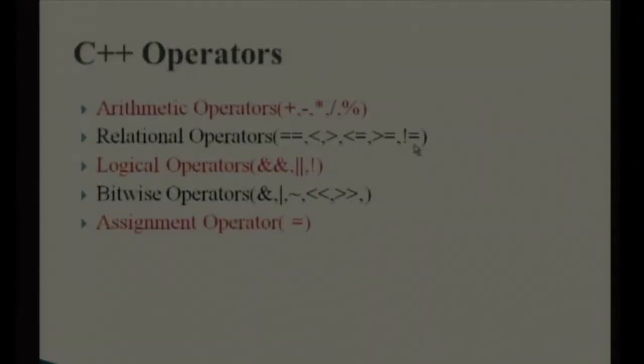So, we decide on the basis of the result of that comparison whether it stands true or false. Similarly, greater than, less than, greater than or equal to, and less than or equal to, and the last one, you can see on the screen, is not equal to, right.